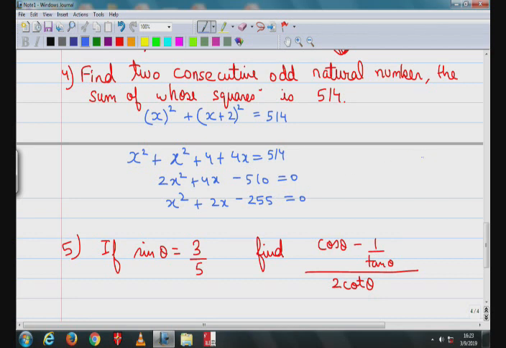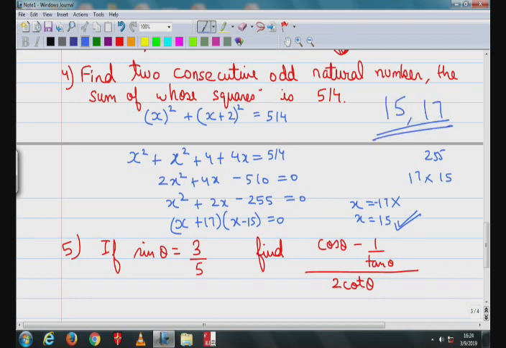This 255 can be written as 17 into 15, and 17 minus 15 is also 2. So you can make the factors as x plus 17 and x minus 15 equal to 0. So you will get x is equal to minus 17 or x is equal to 15. Since it is an odd natural number, x can't be minus 17, so x is equal to 15. If 15 is one of the numbers, the other number is going to be 17, 15 plus 2.